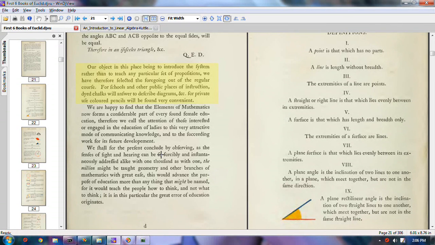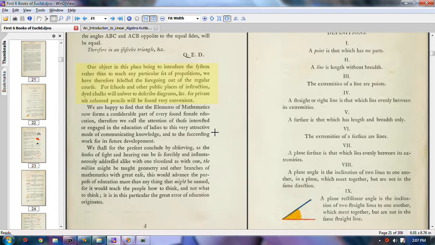Hello, welcome back. And now, before going on with Proposition 4 in Book 1, which happens to be the first theorem in this book, and therefore the first theorem in the Elements collection, I want to just note this bit at the beginning.